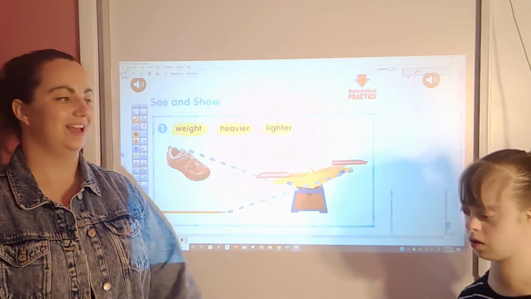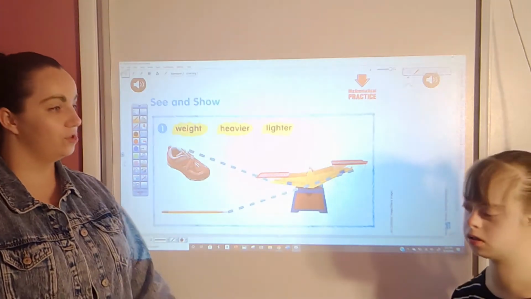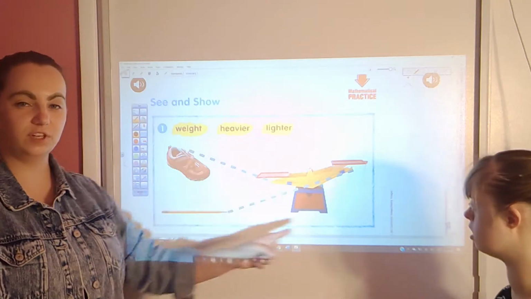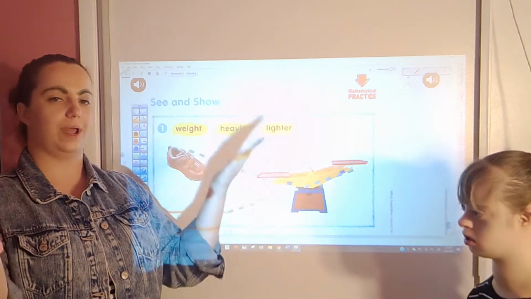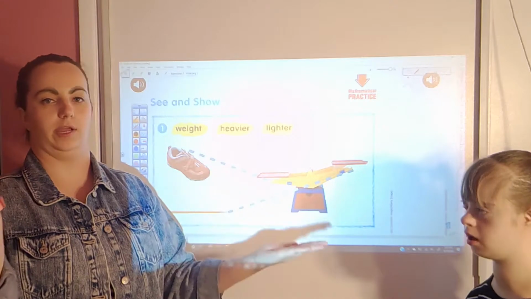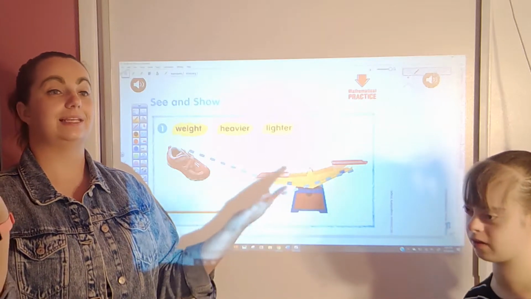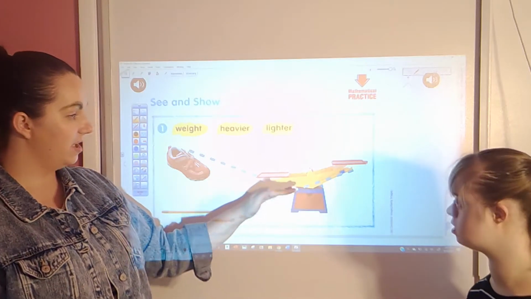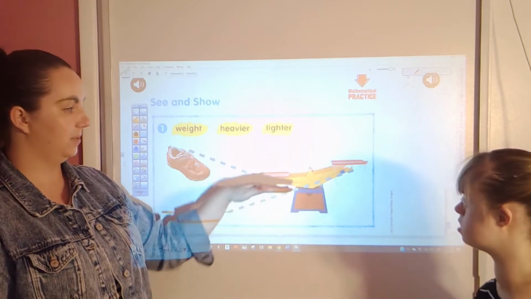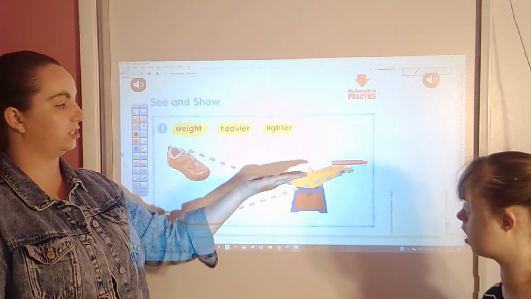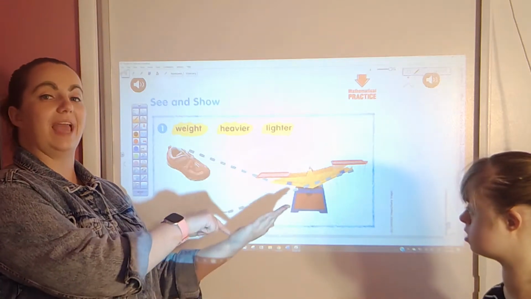Let's look up here at this first example. We have a two-way scale here. Something heavier is going down towards the ground, because the scale starts to tip when something's really heavy in it.